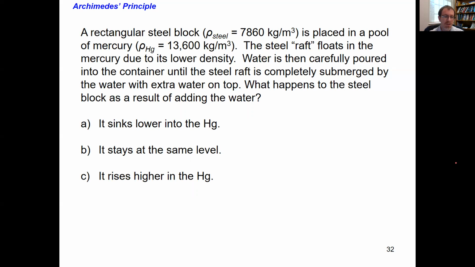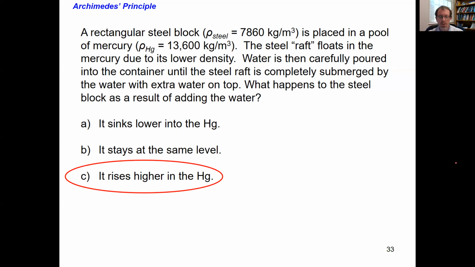It turns out, surprisingly, that it actually rises higher in the mercury. This is kind of shocking at first until we really give it a little bit of thought. Now with the steel plug completely submerged, it's not only displacing the volume of the mercury that would like to be in its place.